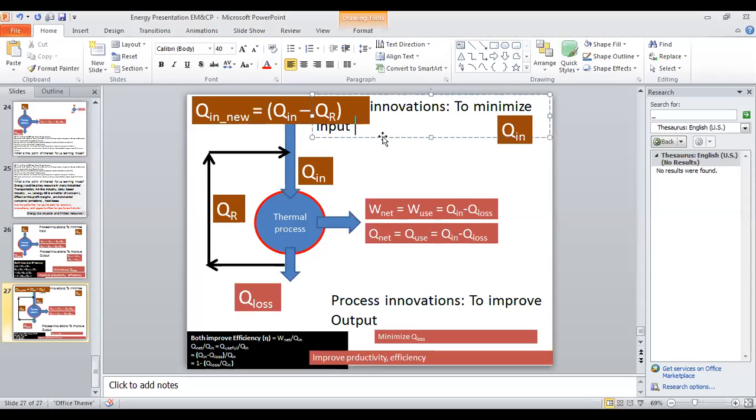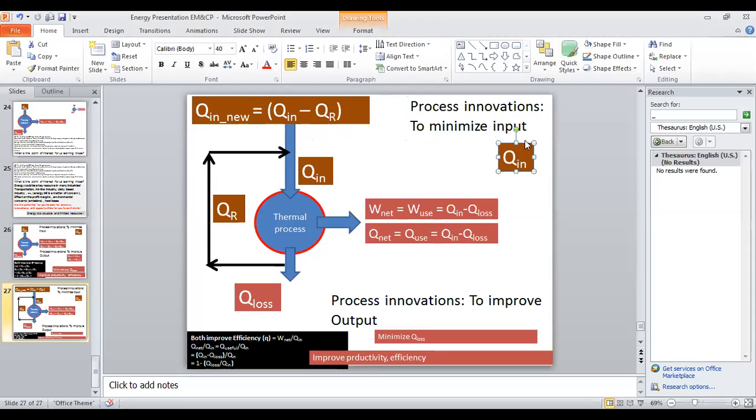So these are the process innovations, here to minimize. Again, of course, it is input, Q in. Here it is based on the energy recovery.